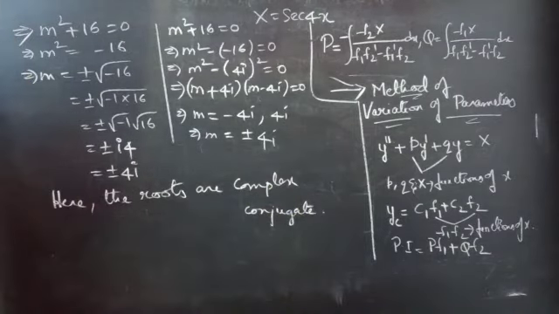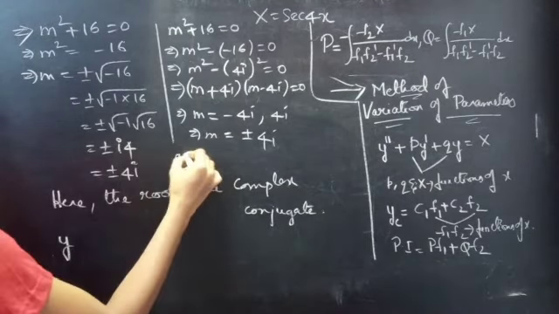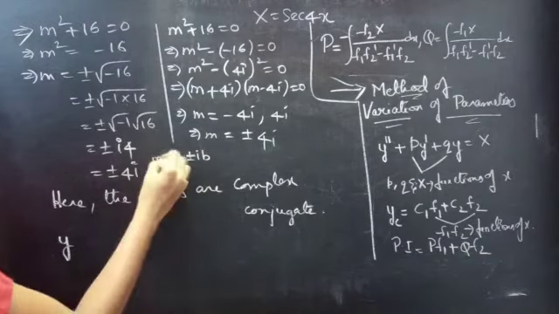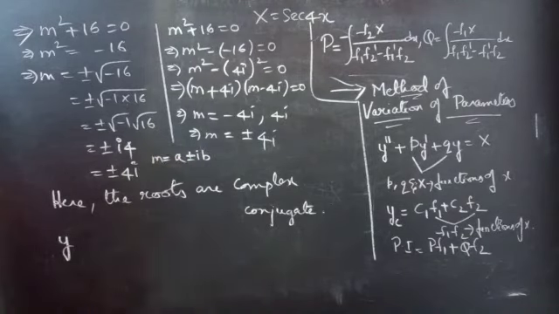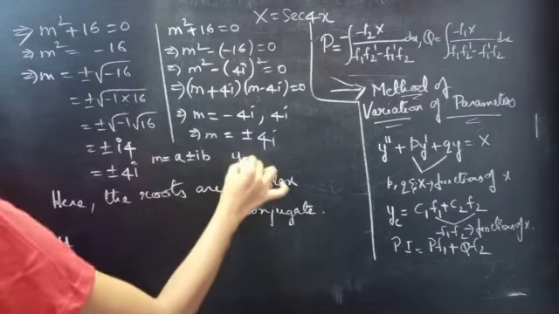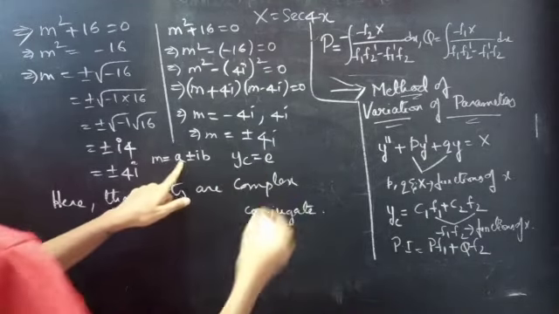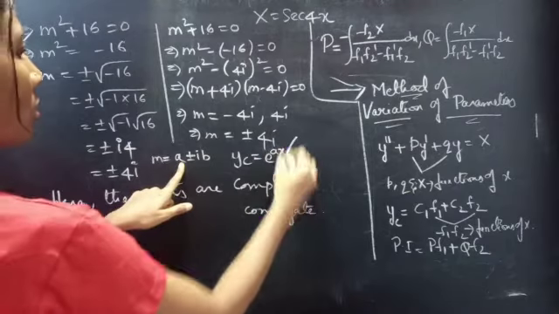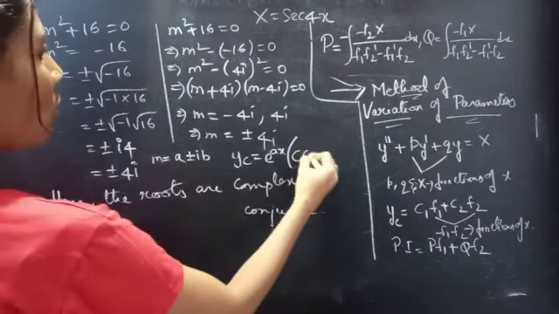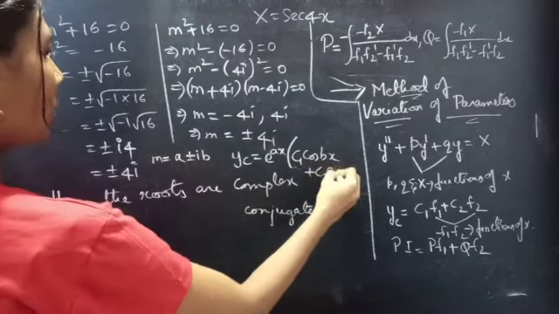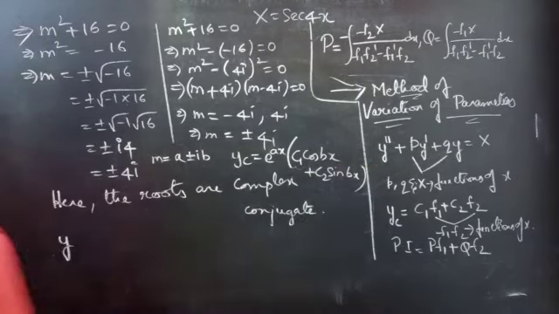Right? So you'll get the complementary function, if you have a complex conjugate root a plus or minus ib, then the solution is given by yc equals e power ax into c1 cos bx plus c2 sin bx, right?